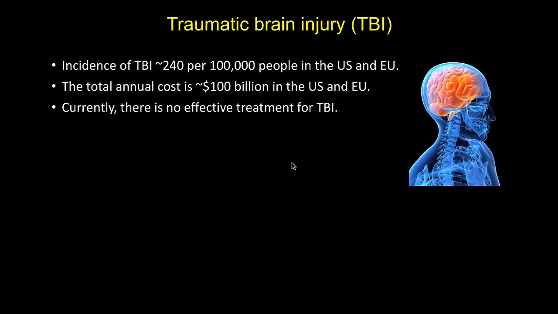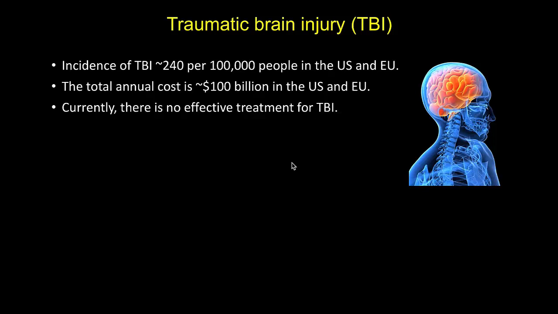Now I would like to briefly talk about our major research interest in the lab. We are interested in understanding traumatic brain injury. Traumatic brain injury has a high incidence, about 240 per 100,000 people, similar to AD cases, both in the EU and in the US.